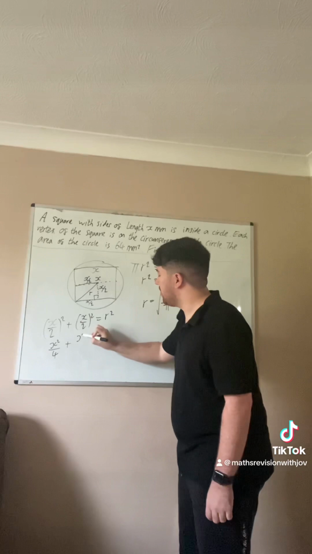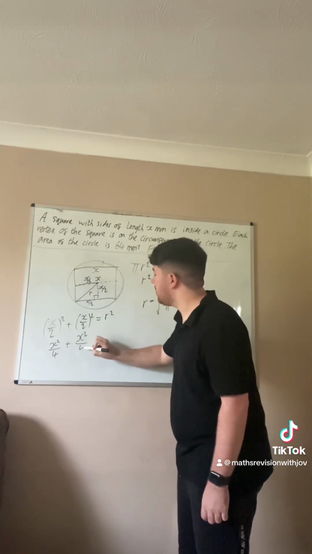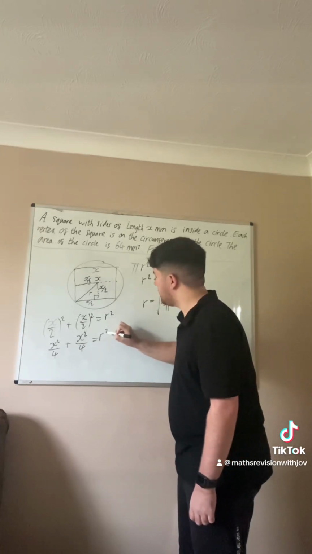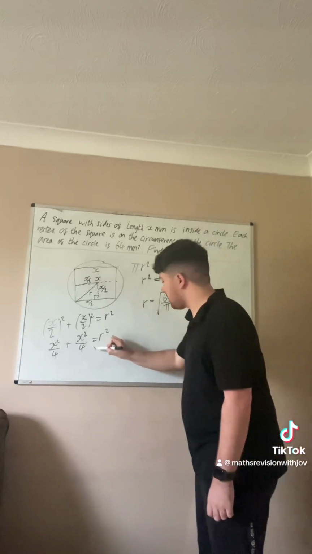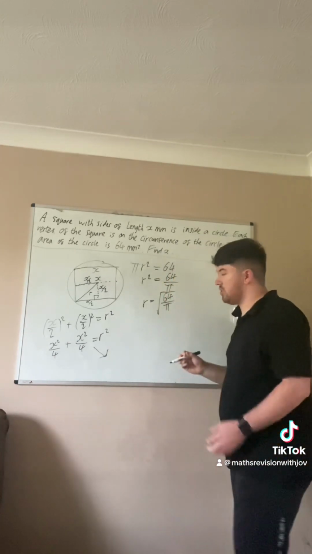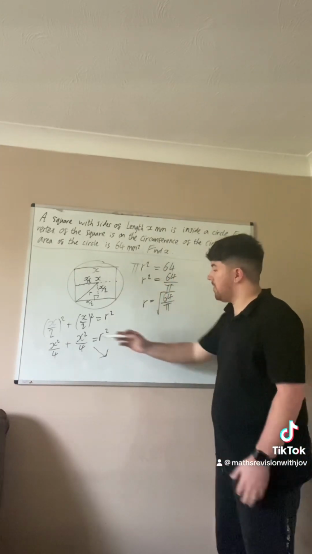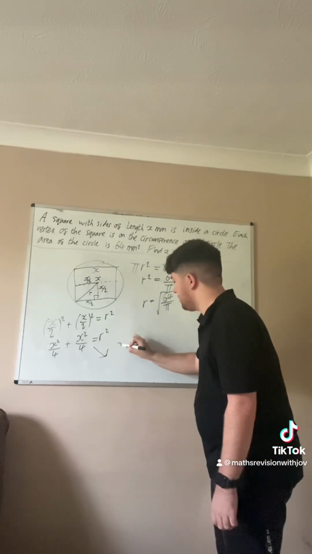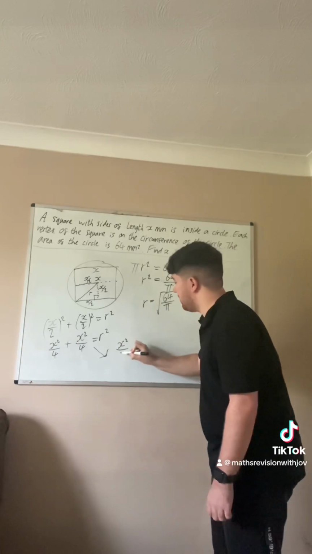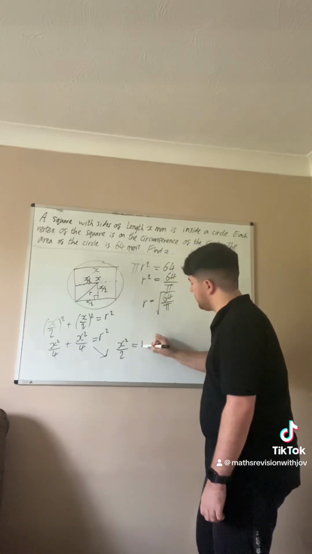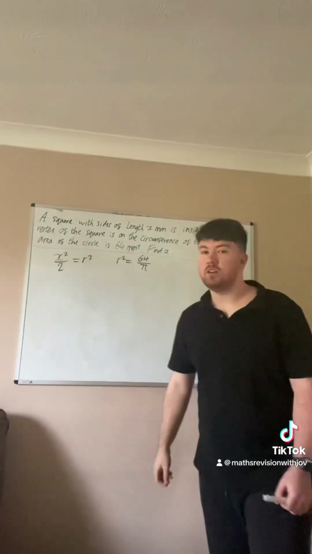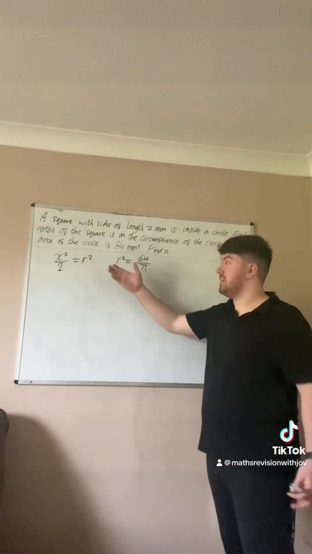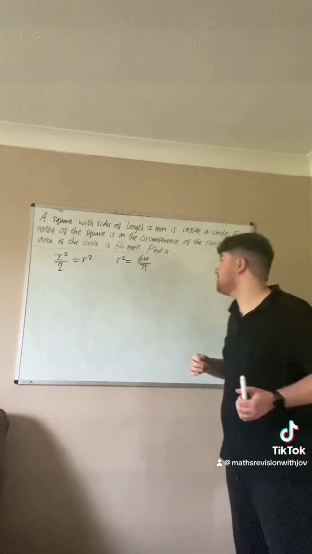And we've got another one of those nicely here, and that's r squared. We can just add these two fractions. We've got a quarter of x squared plus another quarter of x squared. So that gives us a half of x squared equals r squared.